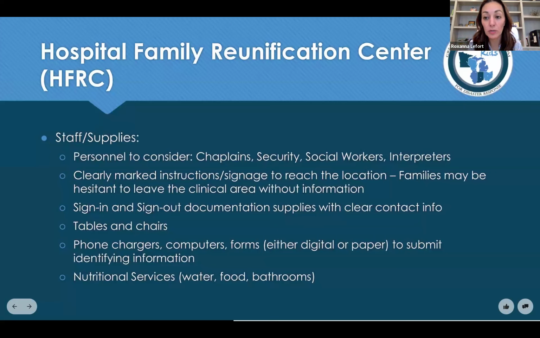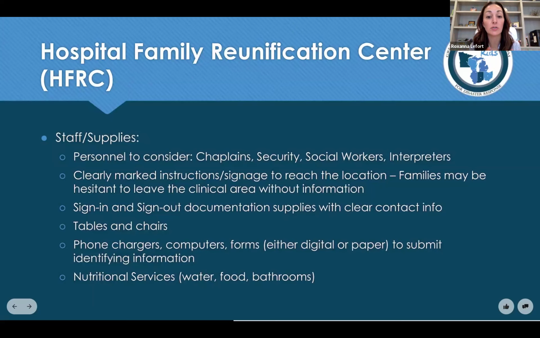Interpreters are also hugely important if they're available, even if it's by phone or video or in person. A frantic family member that's trying to describe their child or tell you who they're looking for, their anxiety level is going to be even higher when they can't communicate. So an interpreter is hugely important in this center.